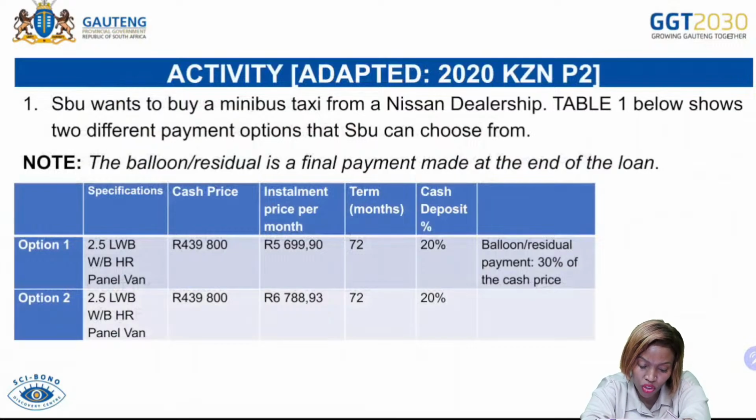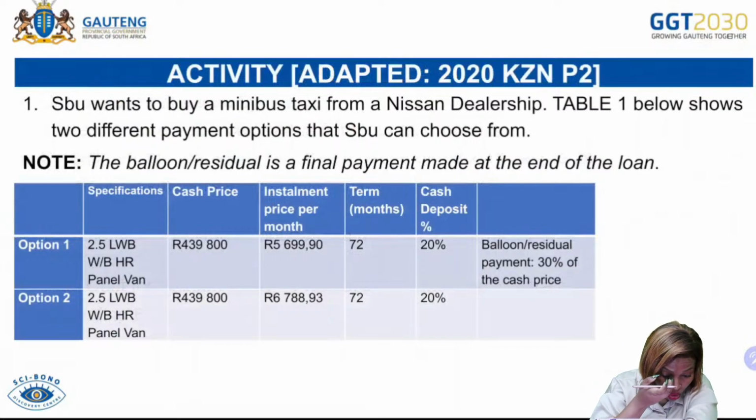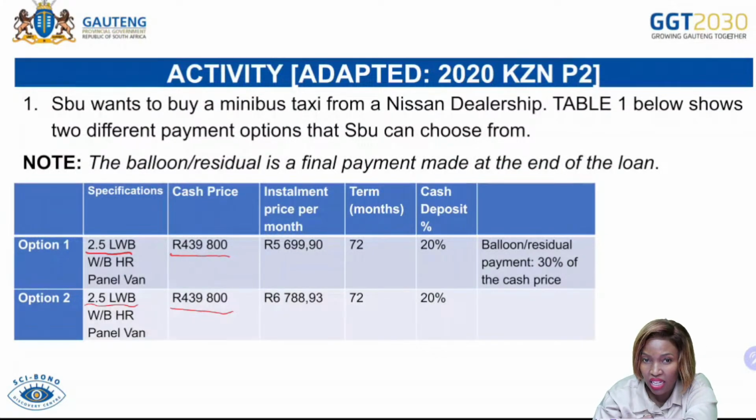We've got two options, option 1 and option 2. So the specifications of the car, it is the same car. The cash price, since it is the same car, it is the same. If you're to buy the car on cash, you will pay 439,800.